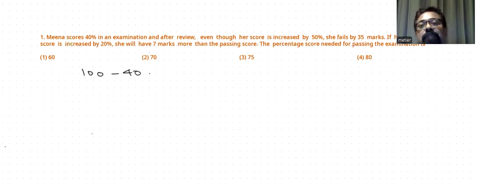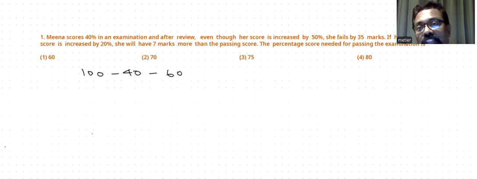Now in percentage, base is very important. Now check, her score increased by 50% after review. So 50% of 40 is 20. So her new score is 60.